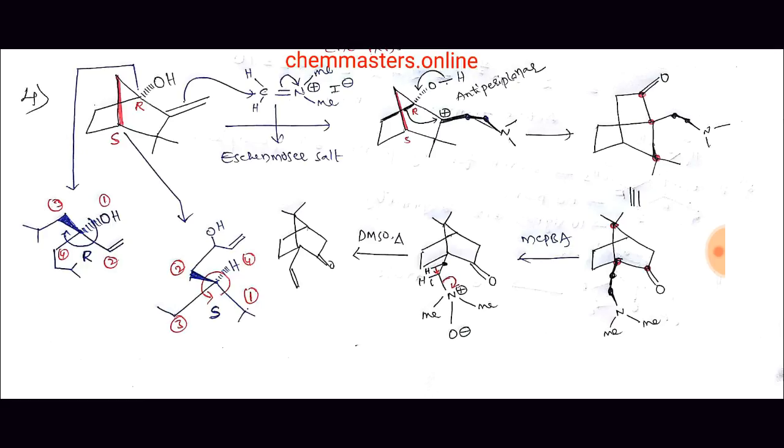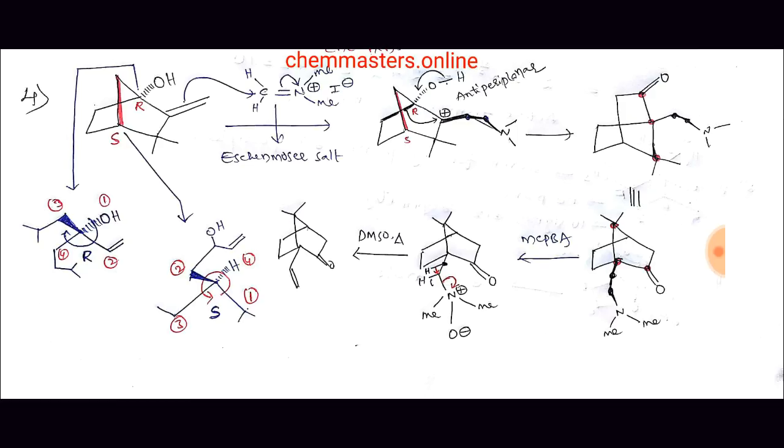After giving numbering priorities, if we get a clockwise direction, that indicates R notation according to RS nomenclature. Next, for the S notation, the numbering priority is in an anti-clockwise direction, so that's why its notation is S.